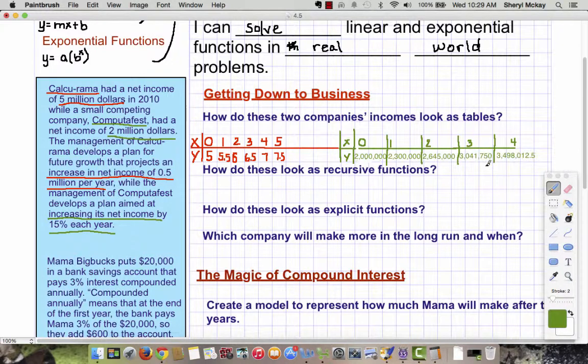In year 3, 3,041,750. In year 4, 3,498,812.50. So that is what their two incomes look like as tables.